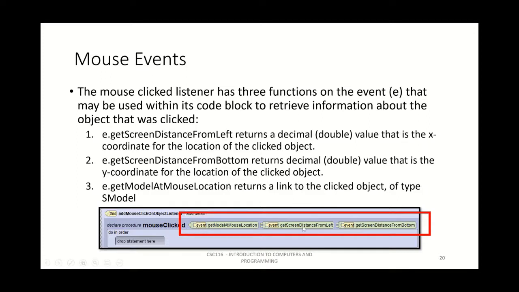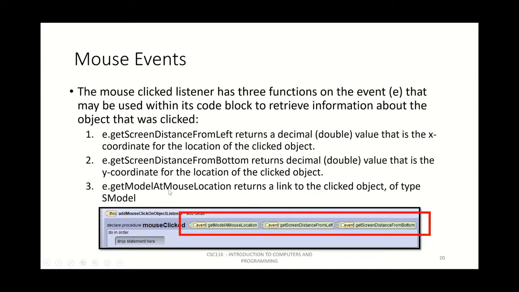The other two, get screen distance from left and get screen distance from bottom, refer to what will happen to the object when we click on it: it will move based on the coordinate. For example, screen distance from left moves the object based on the value of the coordinate for the location, and distance from bottom is the y coordinate. I will show you in the demo to get the differences between these two.